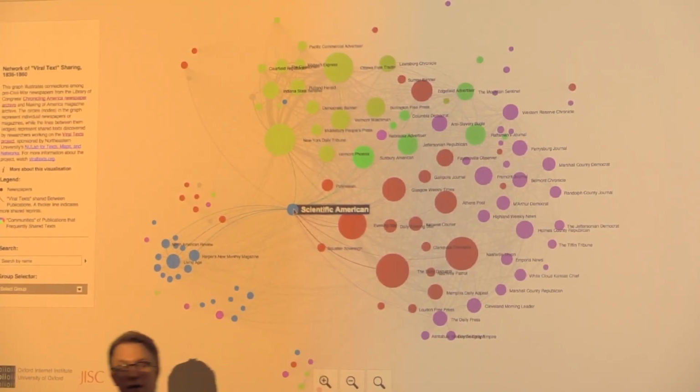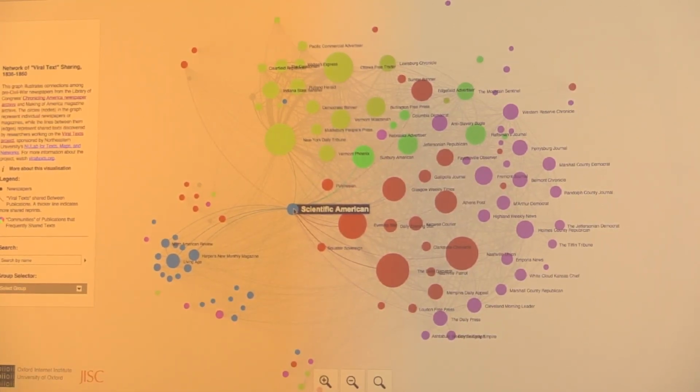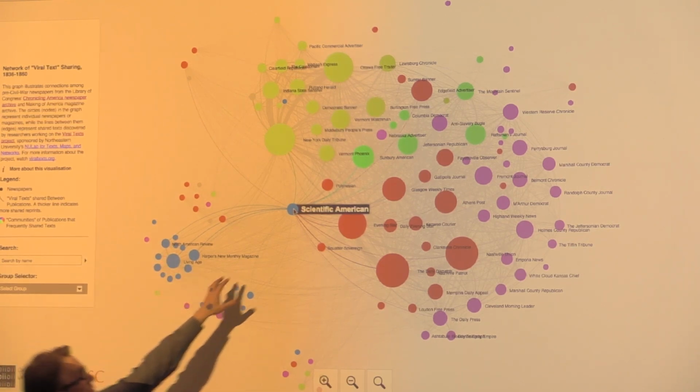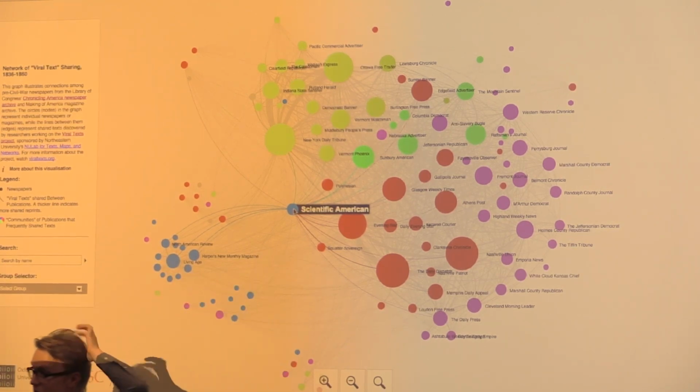We found since incorporating the magazines that Scientific American is much more closely aligned with the newspapers than any of the other magazines, because it had all of these articles about interesting scientific things that the newspapers were reprinting constantly. It's one of the biggest single sources for reprinting that we found anywhere. Most of the magazines cluster over here on their own, but Scientific American lives right in between the two.